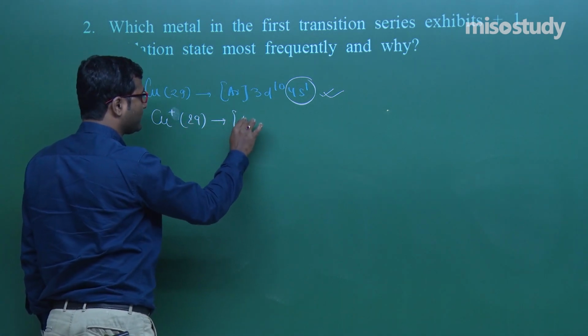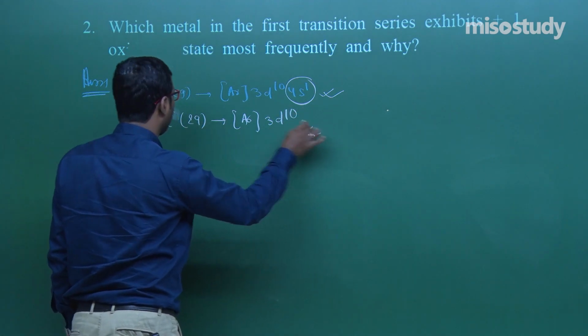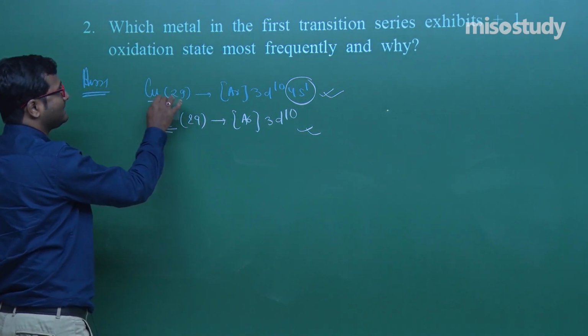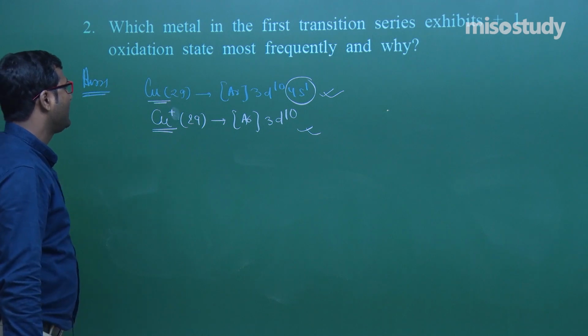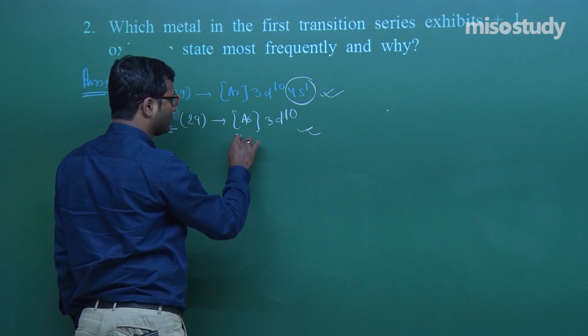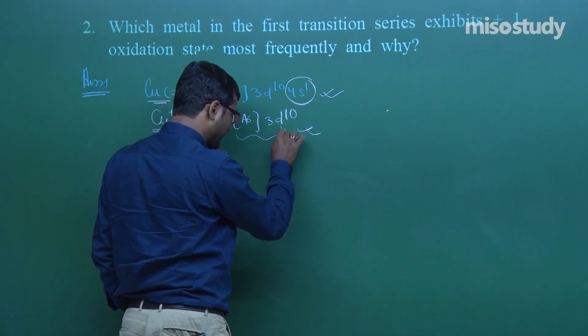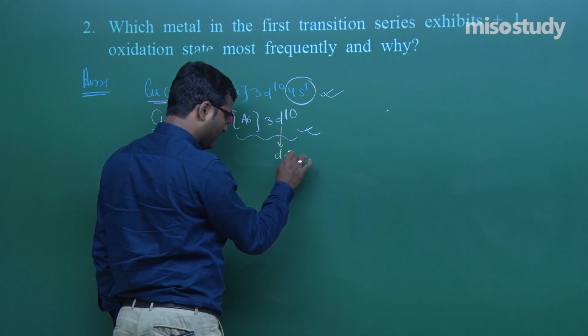The electronic configuration here is argon 3d10. So, copper is the answer, which easily shows the +1 oxidation state, and after losing the 4s electron, the configuration comes to Ar 3d10, and d10 here is a completely filled d subshell.